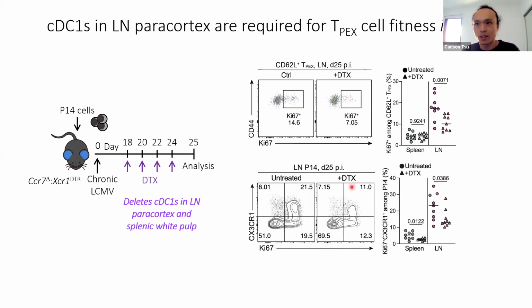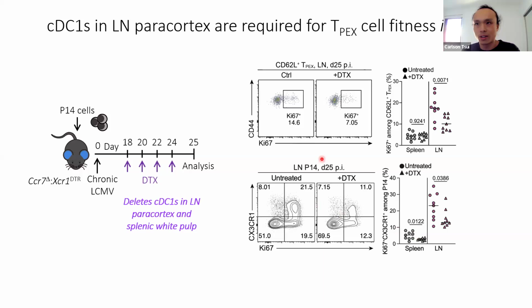We also impaired formation of CX3CR1 positive TEX cells in the lymph node very substantially, while this effect is much weaker, much milder in the spleen. So this tells us that cDC1 plays a critical role in the lymph node, and we think that migratory cDC1s contribute at least in part to the enhanced effector output here in the lymph node.